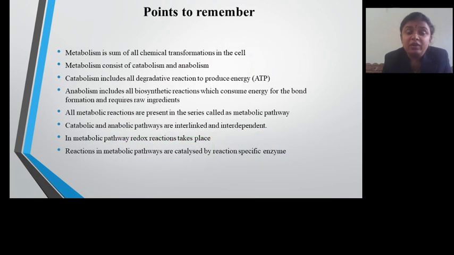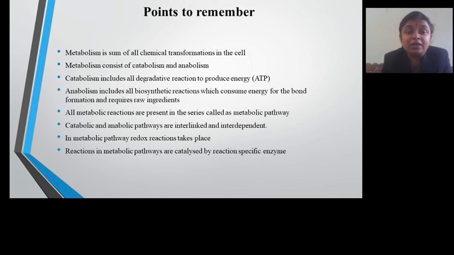Then we can conclude this topic: metabolism is the sum of all chemical transformations in the cell. Metabolism consists of catabolism and anabolism. Catabolism includes all degradative reactions to produce energy. Anabolism includes all biosynthetic reactions which consume energy for bond formation and require raw ingredients.